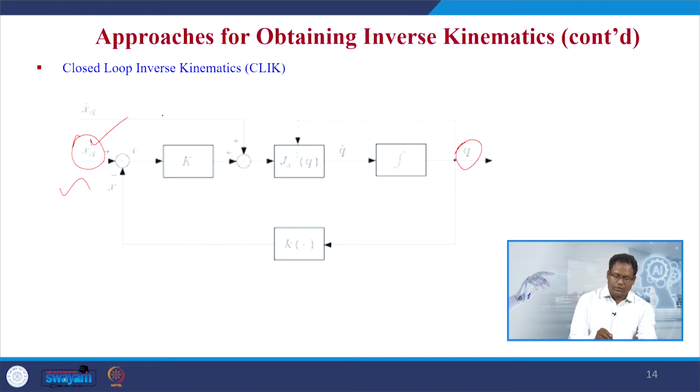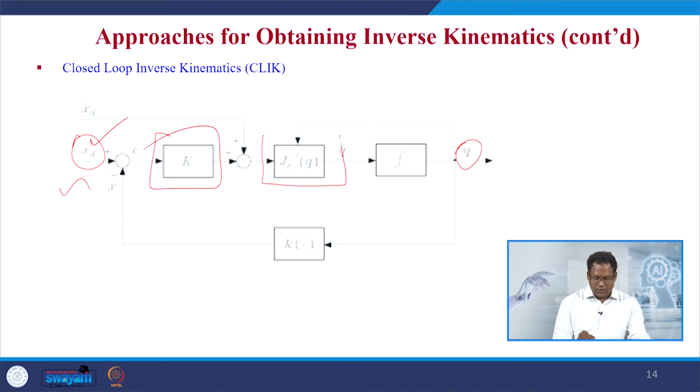As per the block diagram, the first block is the control gain, and then we have the control law, and that law gives q dot, which is the control input to the robotic system, and that is fed back to the robotic system. In terms of simulation, it is the forward kinematic model. In terms of the real system, it will be a robotic system.